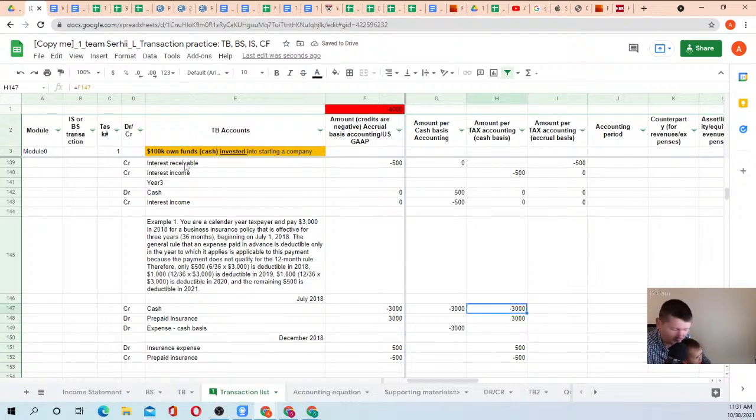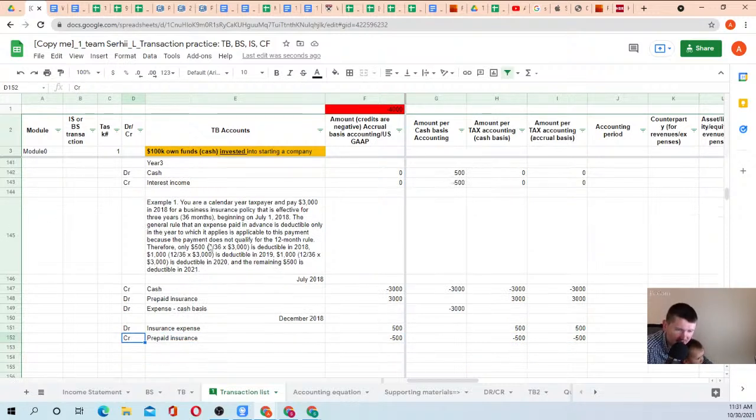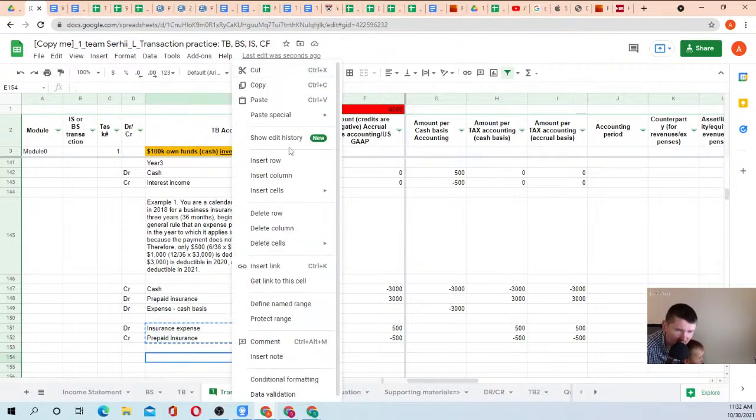And for accrual basis tax accounting, we will also have the same situation. If we move into 2019, we will record $1,000.